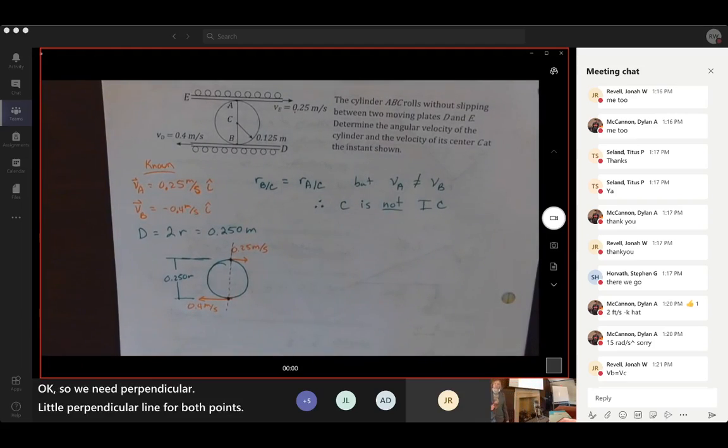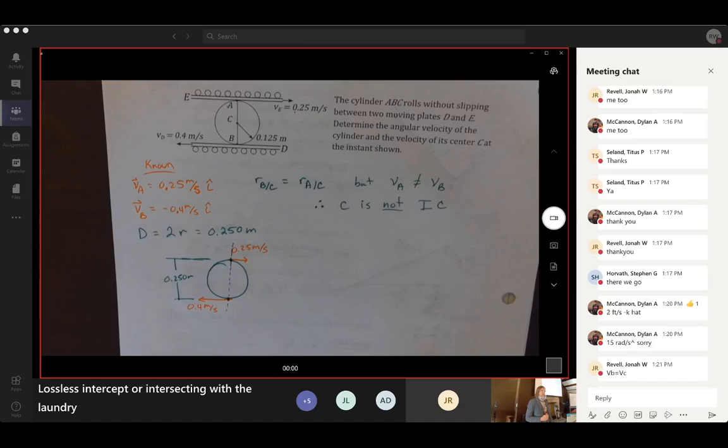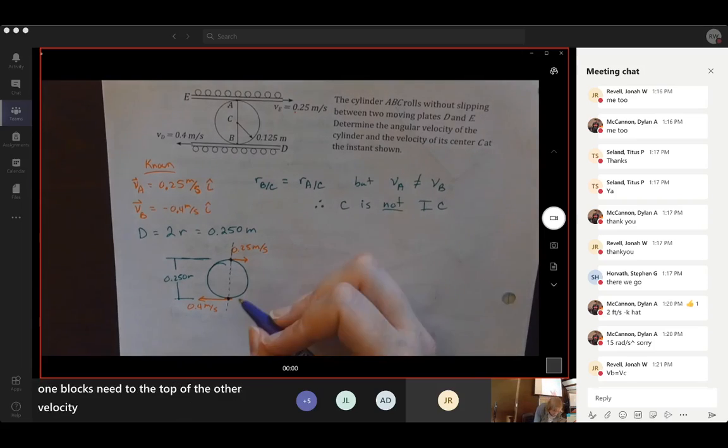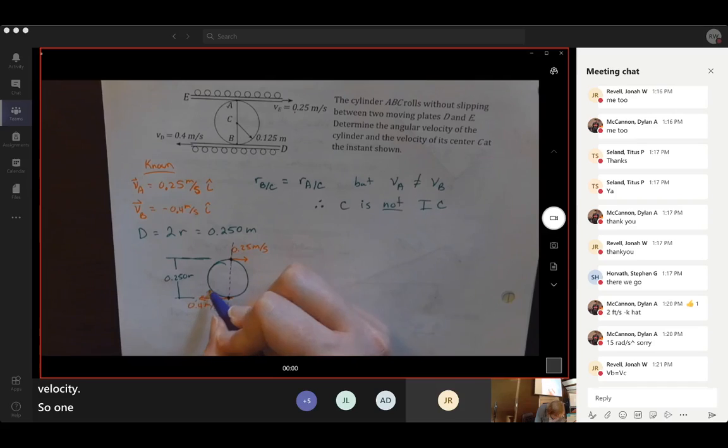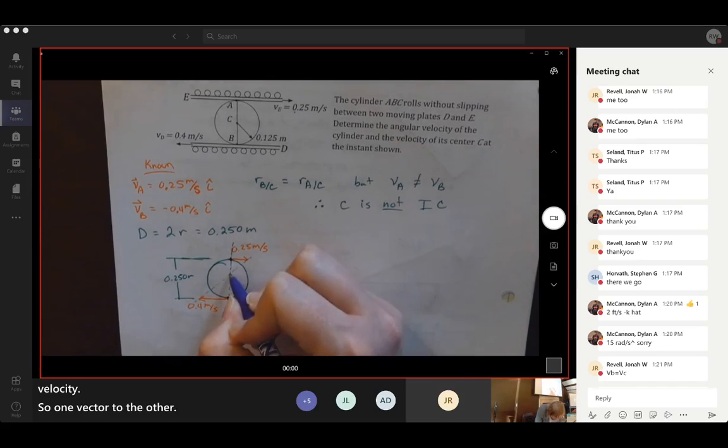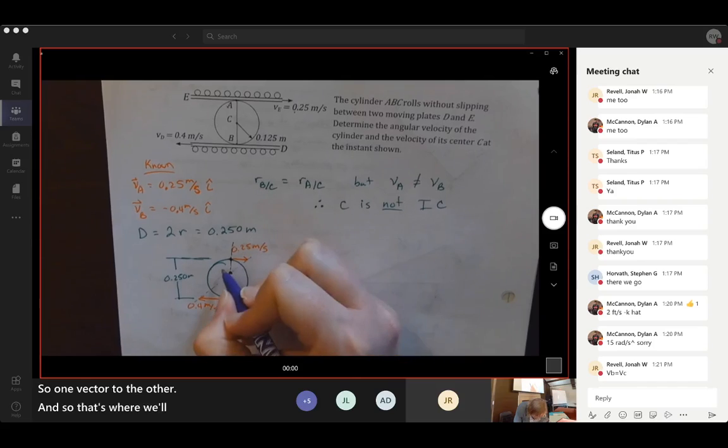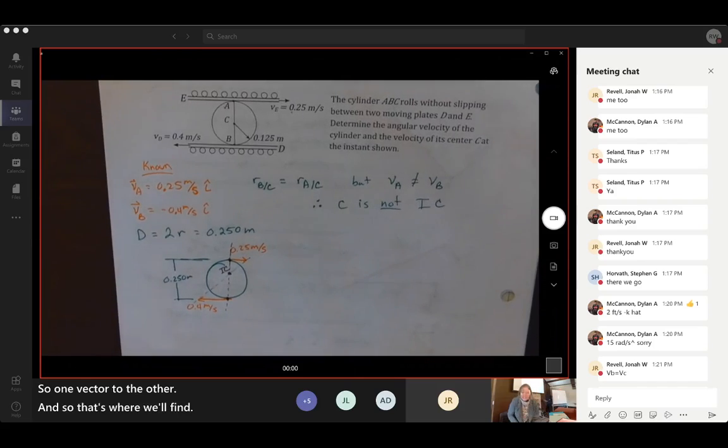What else do we need? A line connecting the tips of the velocities, from one vector to the other, intersecting with the line we just drew. And that's where we'll find our IC.